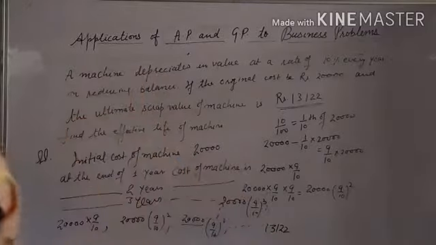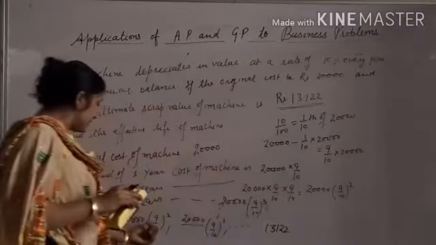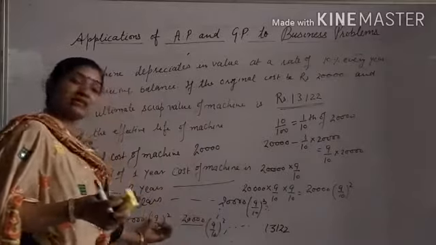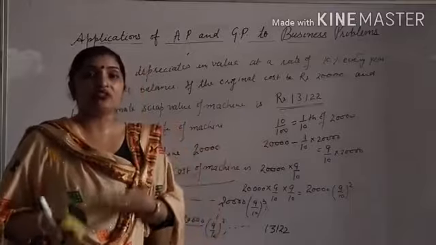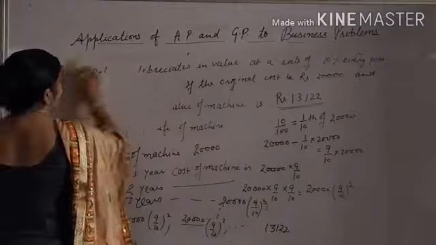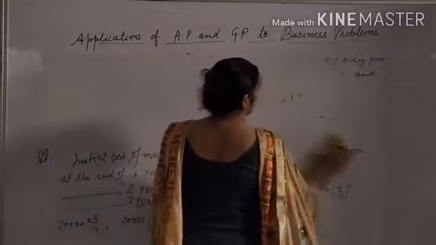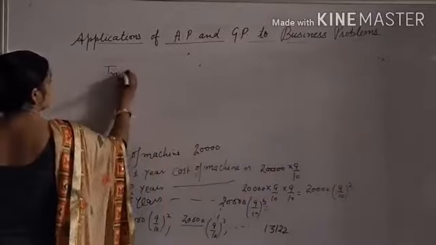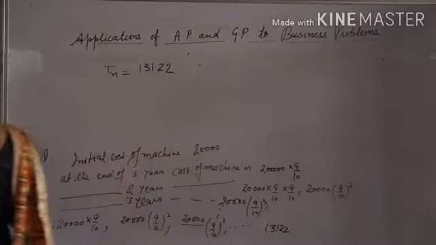Now the formula for Tn in case of GP. Clearly this is a geometric progression, right? If you divide this by this, we get 9 by 10. If you divide this by this, we get 9 by 10 again. So this is a question of geometric progression with common ratio 9 by 10. Now you are given that Tn is 13122.